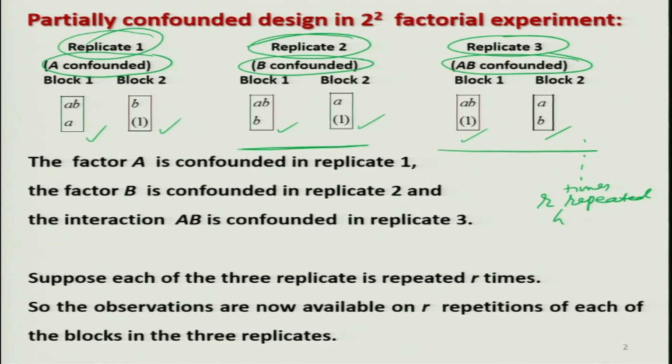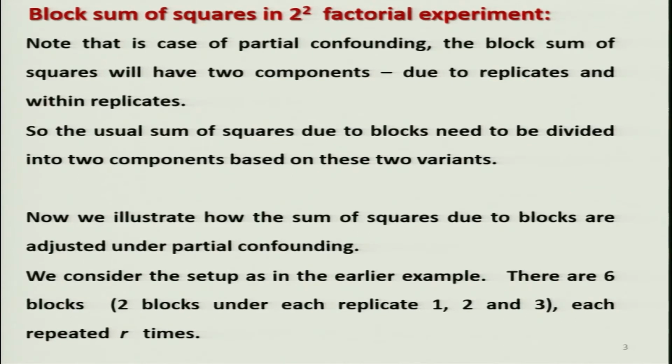We are going to use all the r observations obtained from the different replicates. We have obtained all the treatment sums of squares, and their effects were estimated as the arithmetic mean of the effects estimated from different replicates. Now we consider the block sum of squares in case of partial confounding.